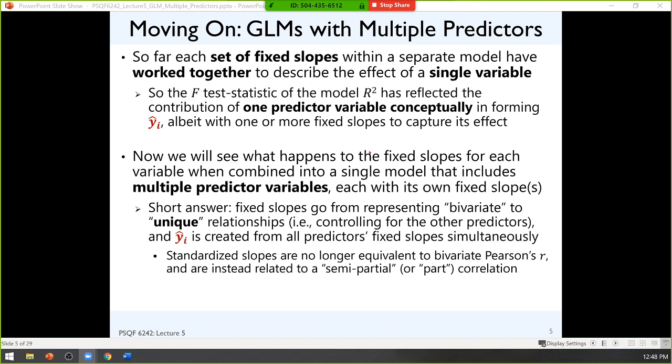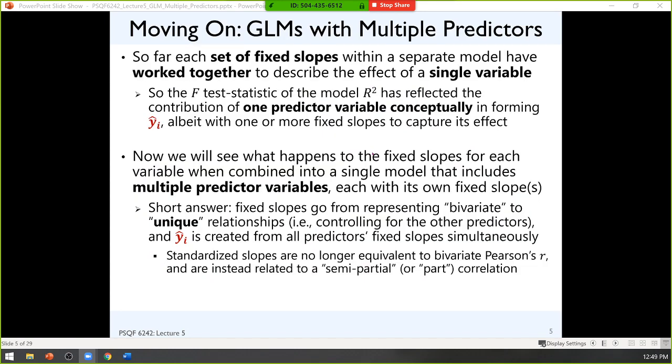And we expand our procedures to consider what happens when we add more than one predictor to the model. And so I'll give you a chance to practice all of that in homework 5 if you'd like to do so. So this part of the story gets mathy real quick.